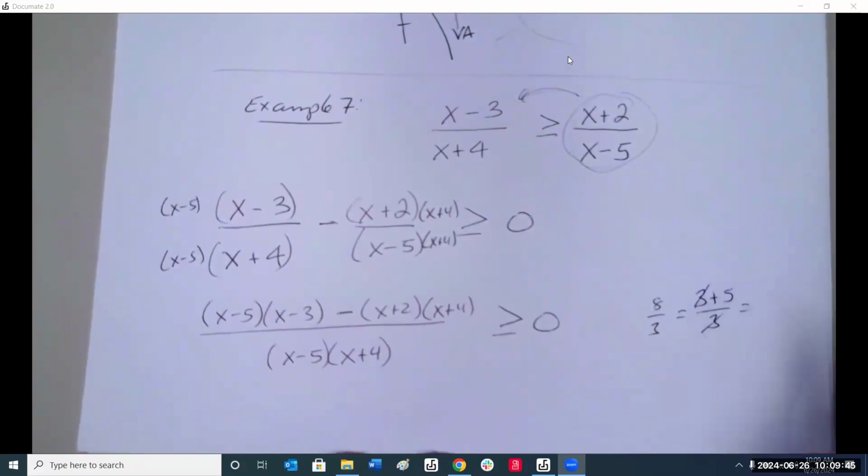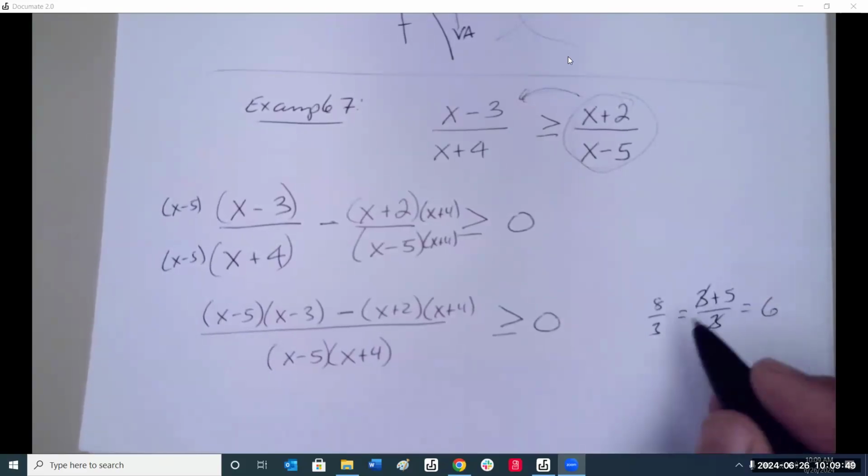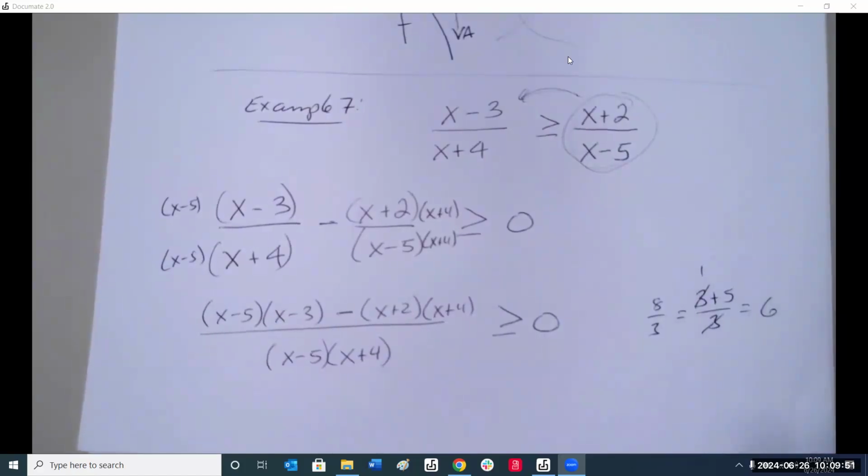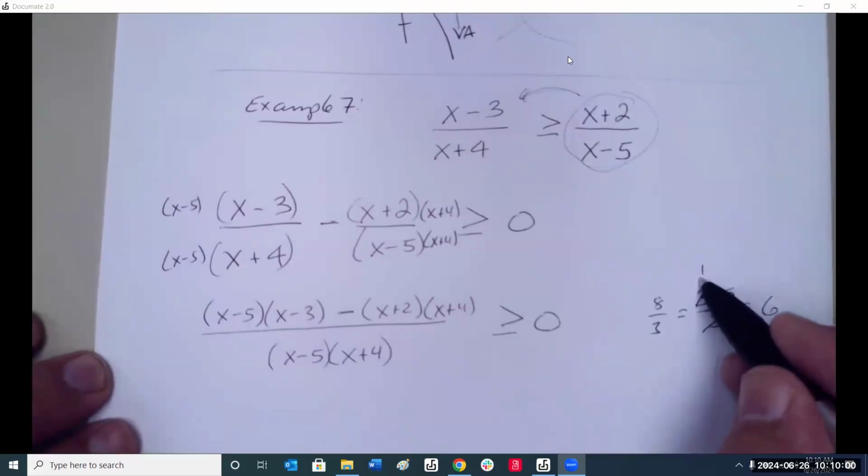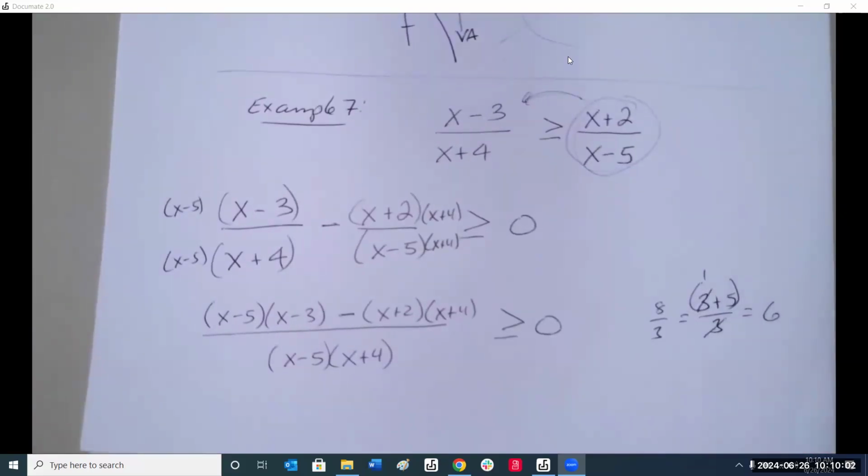If I cancel out a 3, what do I get? A lot of people miss that. Don't feel bad. That's why you can't just indiscriminately cancel, and why I put parentheses around them.